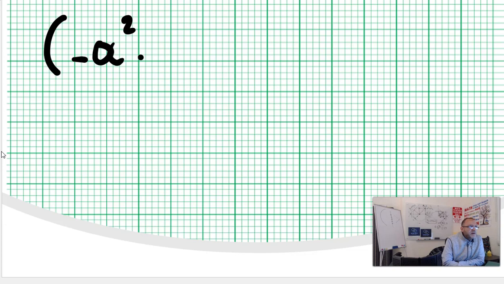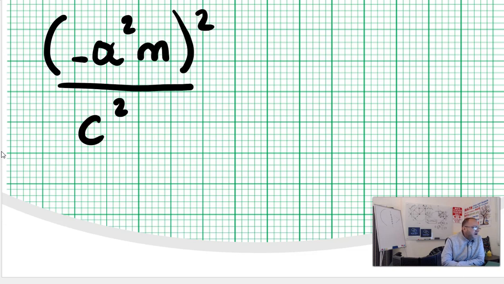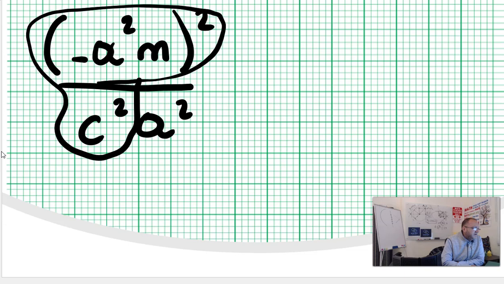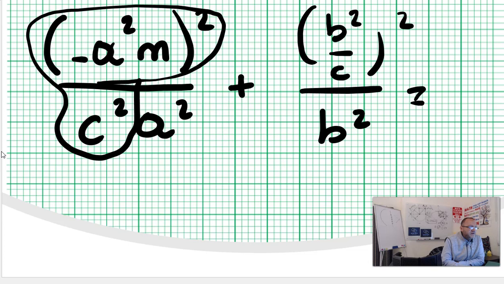So if I plug them here, divided by c squared and a2, this whole thing is x1 squared, okay? That's what I found out. And this whole thing is y1 squared divided by b2 equals 1.